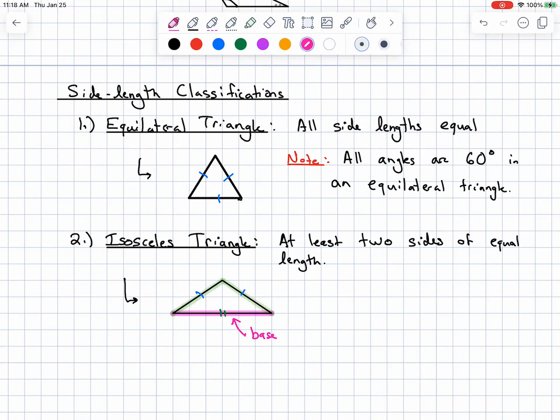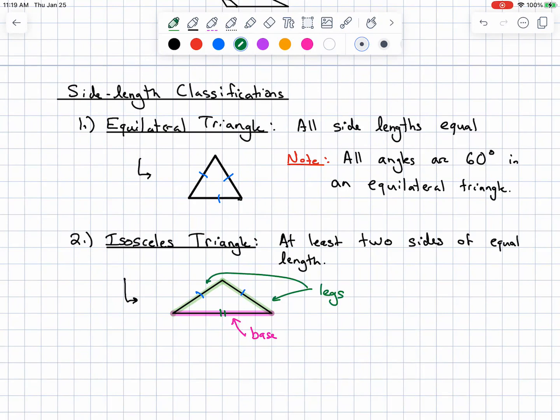These are called the legs. And so you can have isosceles triangles be acute, you can have them be obtuse, you can even have them be right.